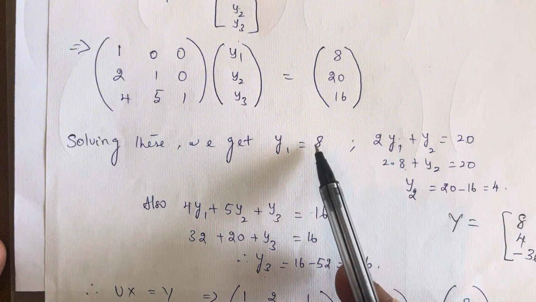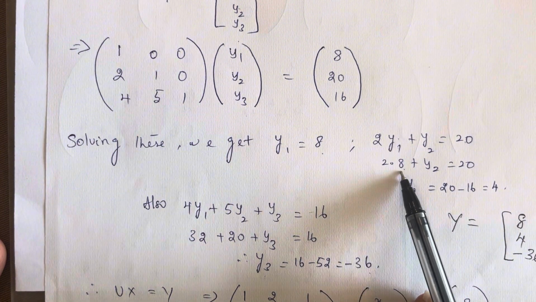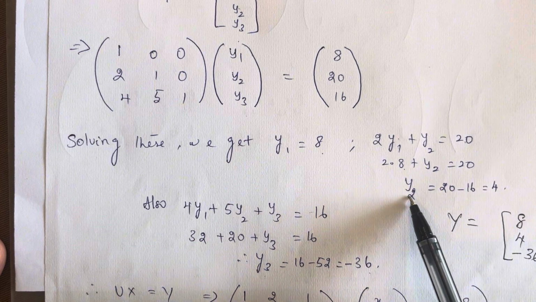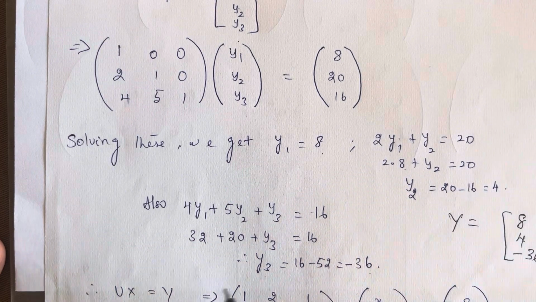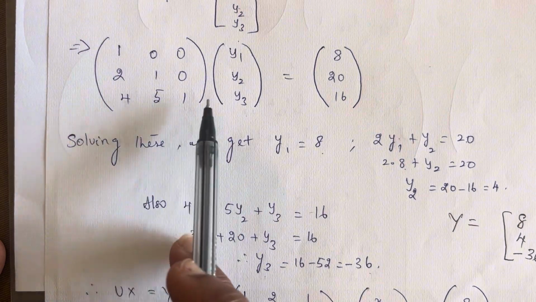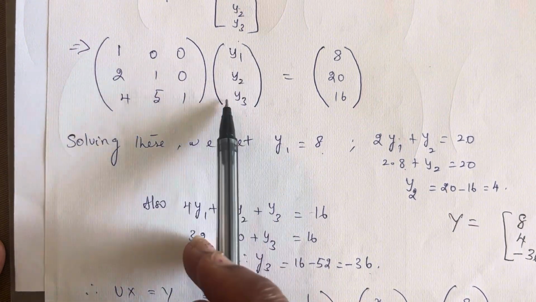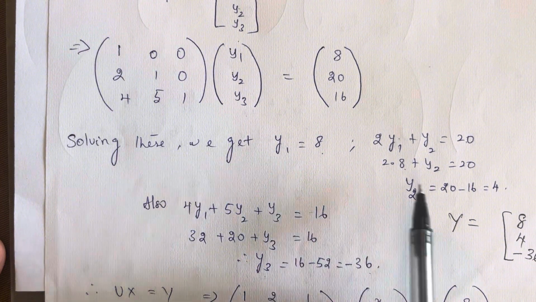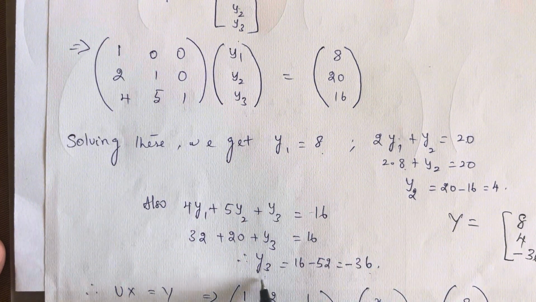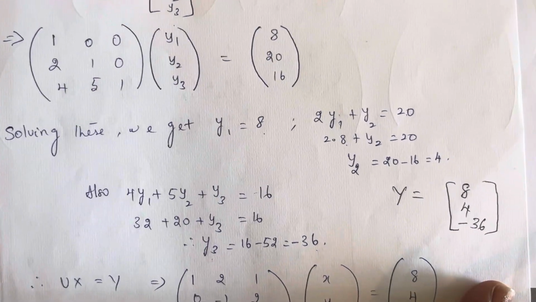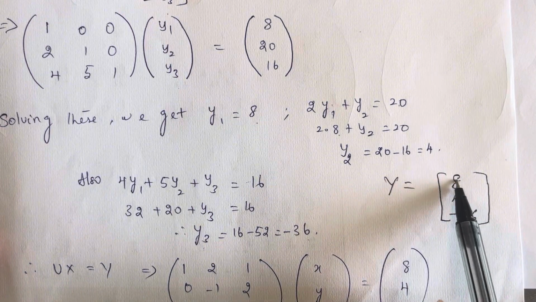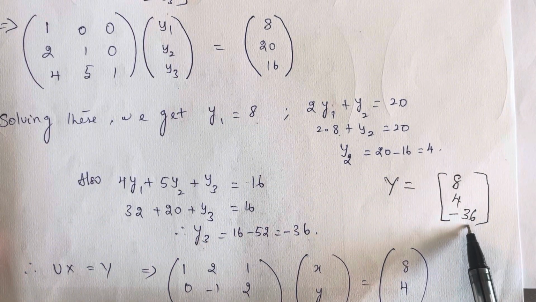Since Y1 is equal to 8, substituting here, 16 plus Y2 is equal to 20, so Y2 is equal to 4. Then the third equation is 4Y1 plus 5Y2 plus Y3 is equal to 16. Substituting the values of Y1 and Y2, we get Y3 is equal to minus 36. So the column matrix Y is 8, 4, minus 36.